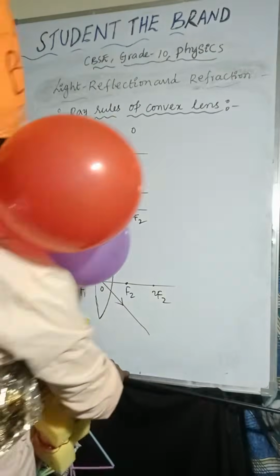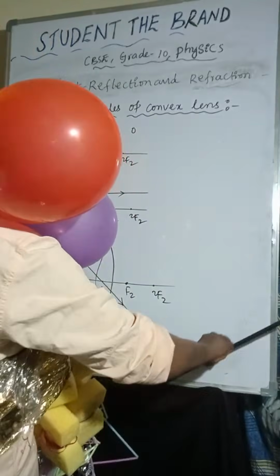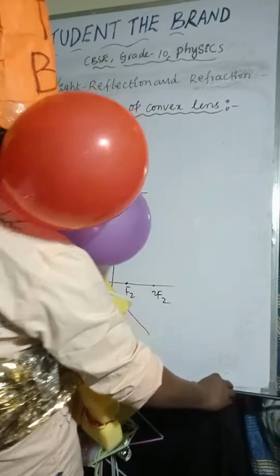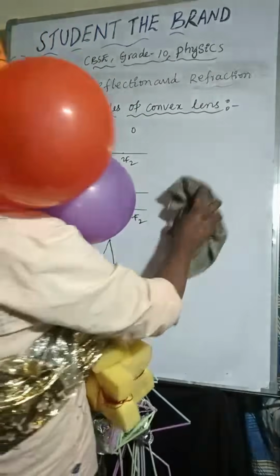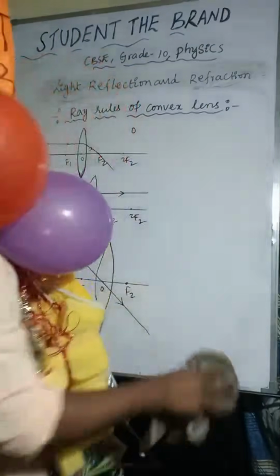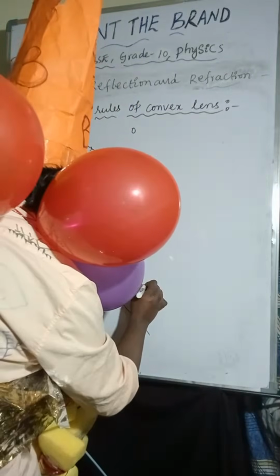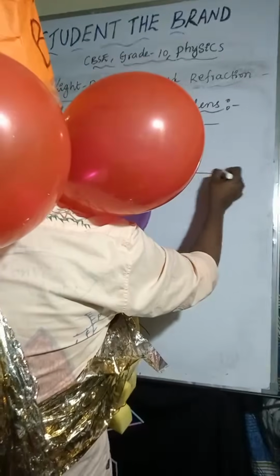So here in the concave lens also same thing. So we'll discuss about concave lens also. So ray rules, concave lens. So this is 2F2, concave lens. I'm taking this as a concave lens.